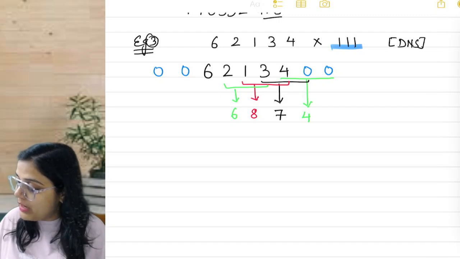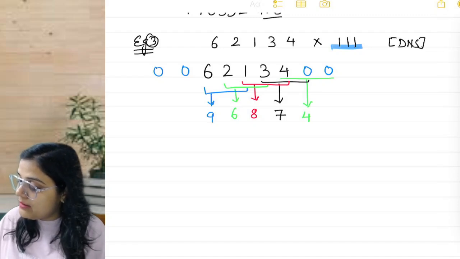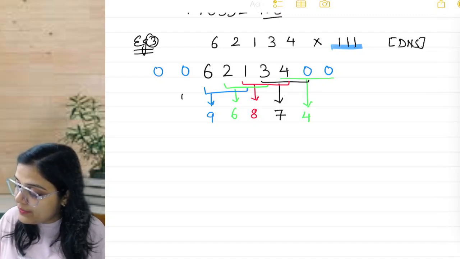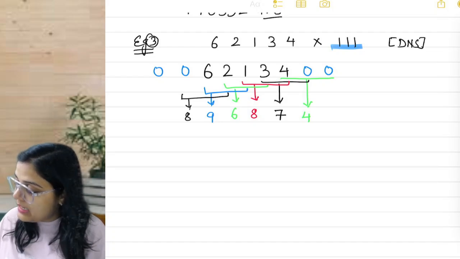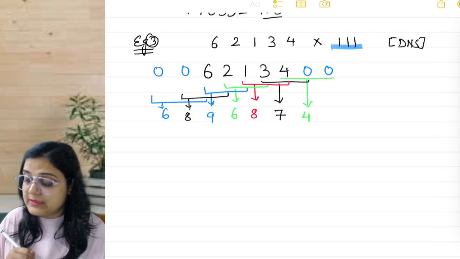Then we are going to add 6 plus 2 plus 1, that is 9. Then we'll add the next 3, 0 plus 6 plus 2, that is 8. And finally we'll add the last 3, 0 plus 0 plus 6, that is 6.